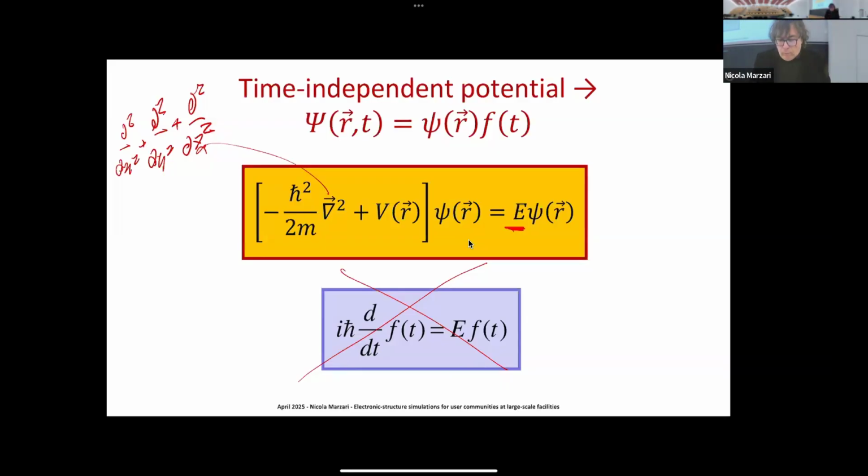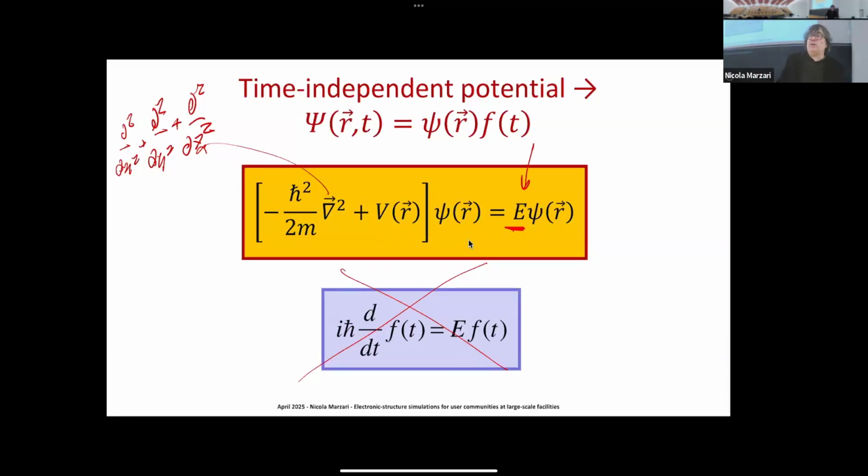So when we solve this eigenvalue equation, we obtain the wave function psi, and we obtain this eigenvalue E. And this eigenvalue E is actually the energy of the electron, or often one of the possible energies of the electron. There is typically a spectrum where the electron can take different values. Sometimes these different values are quantized.